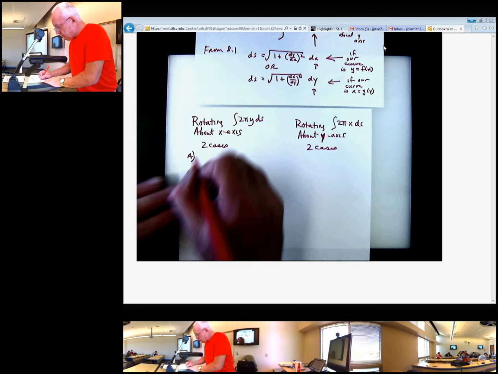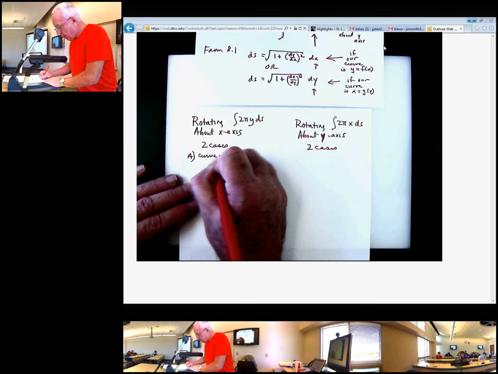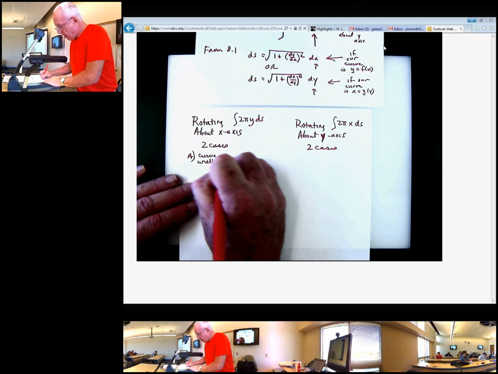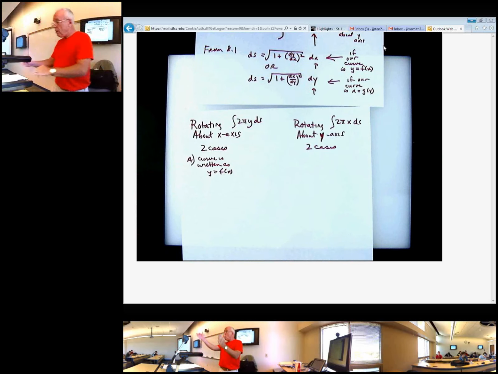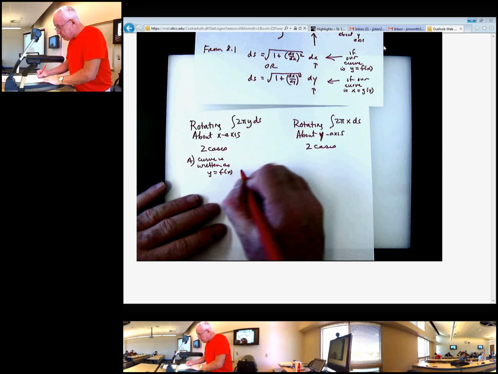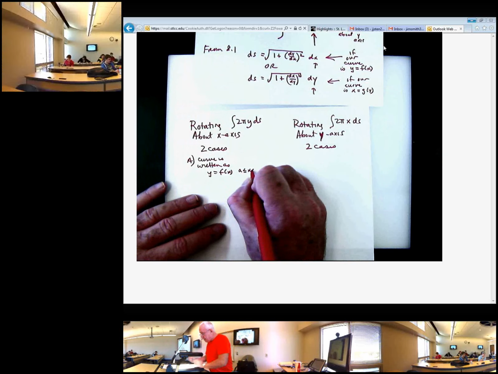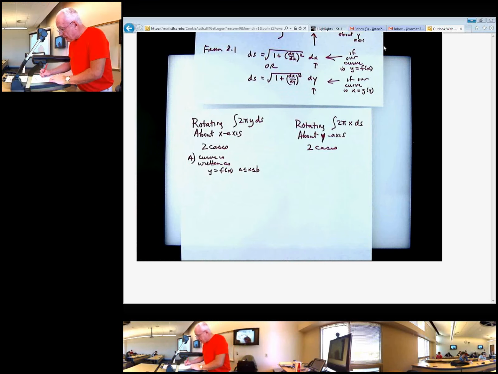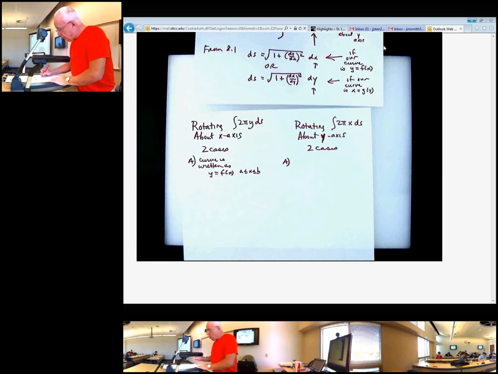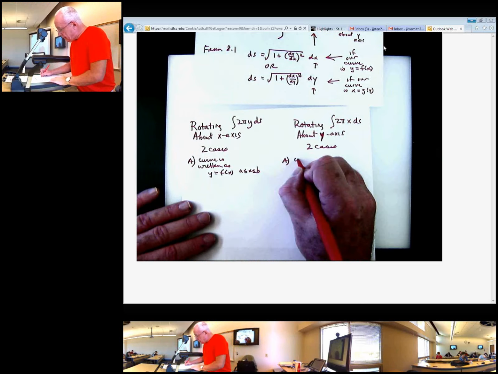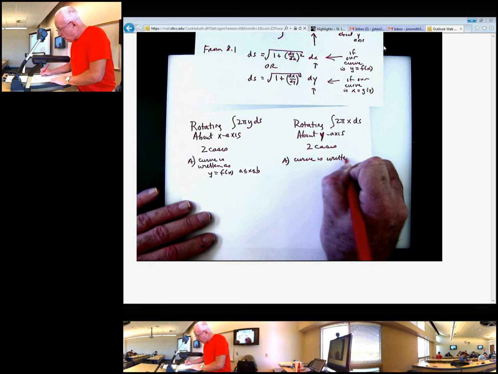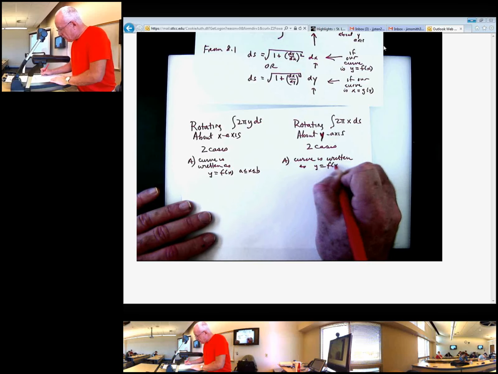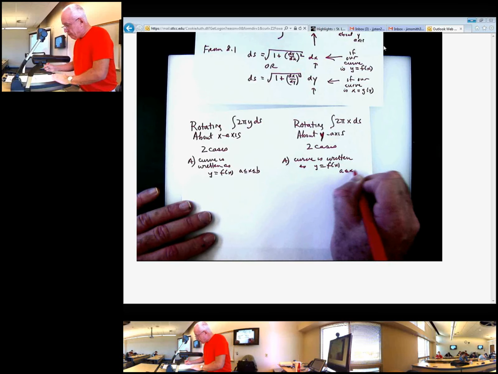The first case for each one of them is this. The curve is written as y equal a function of x, and it'll tell you the values of x that we're going for. So let's just say x between a and b. That's the same case that we have over here. For the first case, the curve is written as y equal a function of x for x going from a to b.